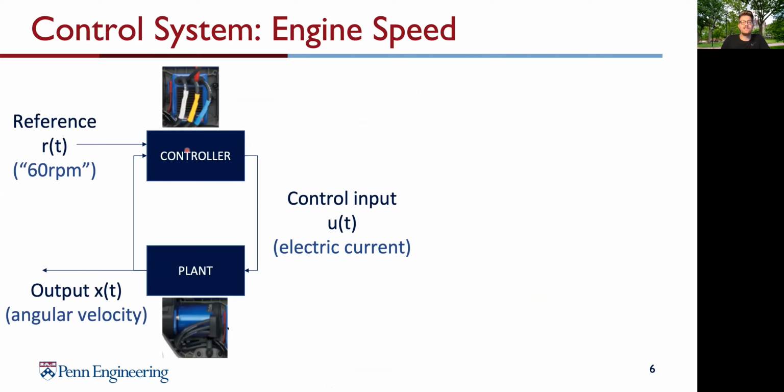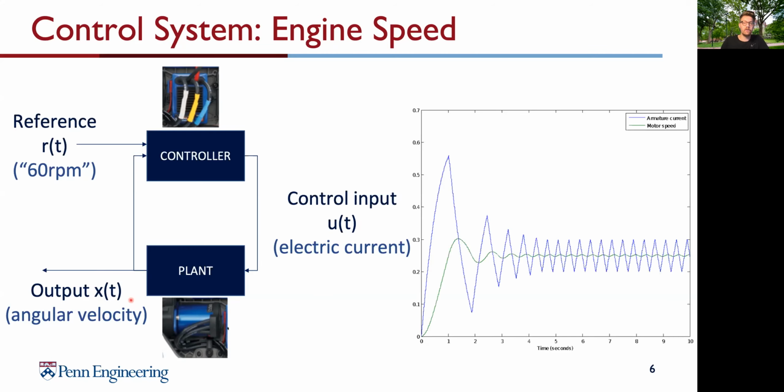The controller is generating a control output, which we call u(t) here. In this case, it's the electrical current. And this information is going into our model or our plant, which is the motor, and is creating an output x(t) here.